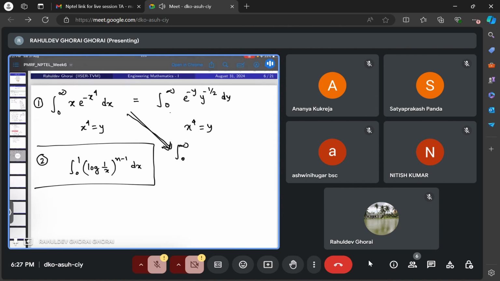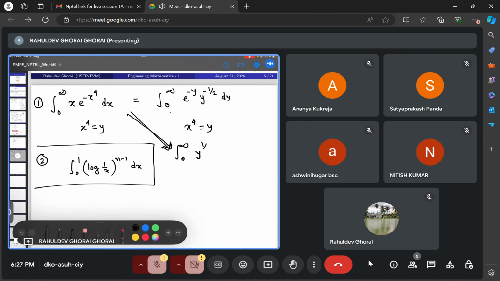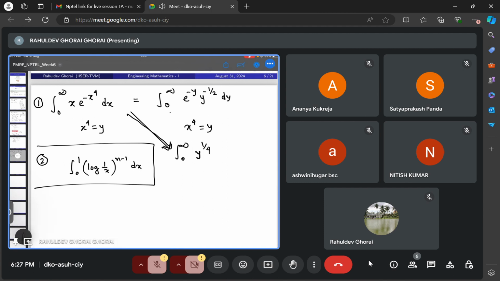So this integral 0 to infinity, instead of x, it will be y to the power 1 over 4, then e to the power minus y. Whatever from x to y we can evaluate directly, we do that first. And then dx.